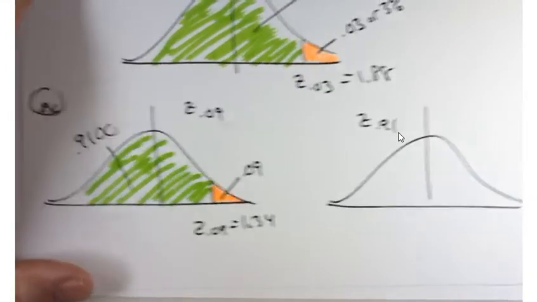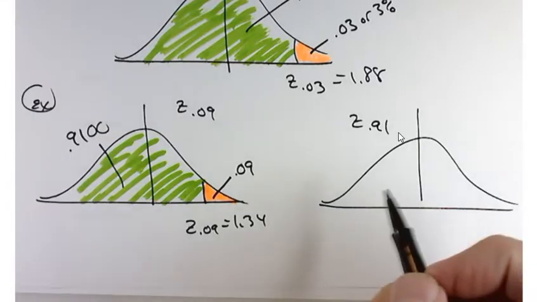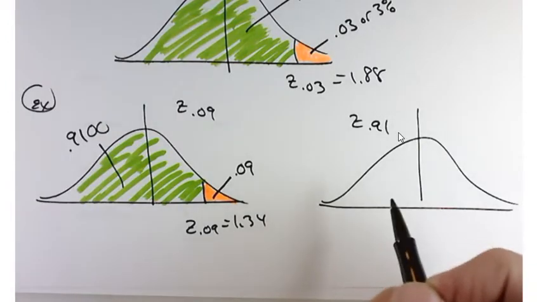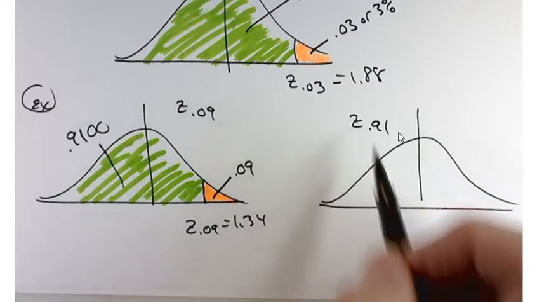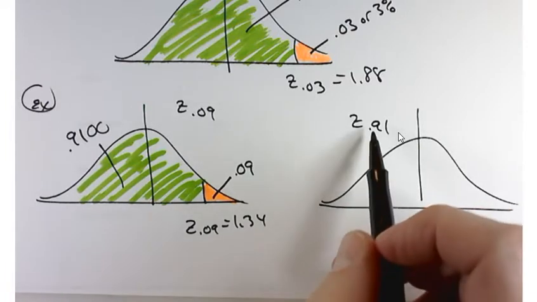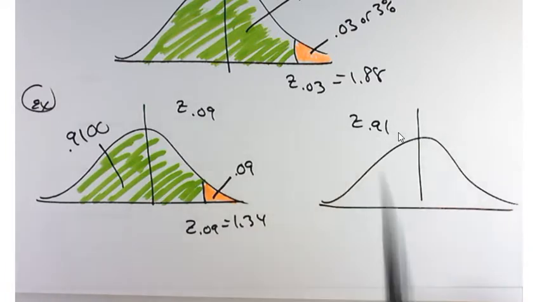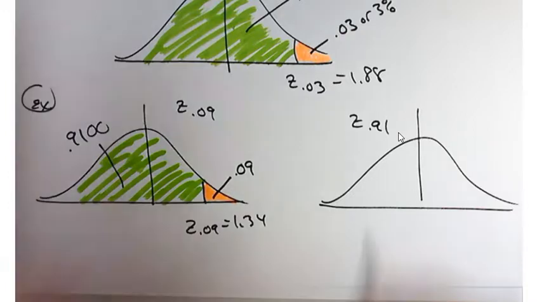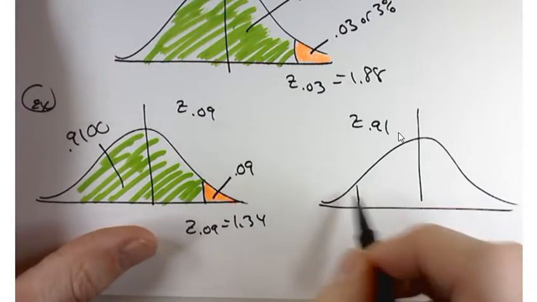Now the second one, it helps to really think about what this represents. Z sub 0.91. Well, that z sub whatever is the area in which tail? The right or the left? It's always the area in the right tail. Always. So the area in the right tail has to be 91%.